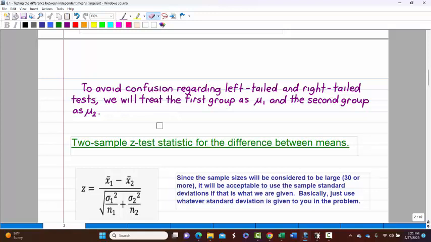The confusion you could run into is, for example, saying that mu1 is less than mu2 is the same thing as saying that mu2 is greater than mu1. It would kind of mean the same thing, but it would make it confusing to identify, so for consistency purposes we'll do it that way.